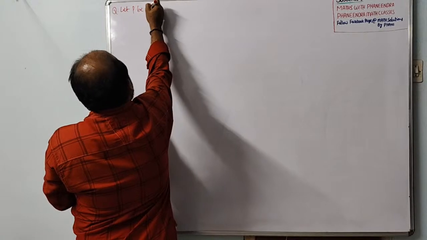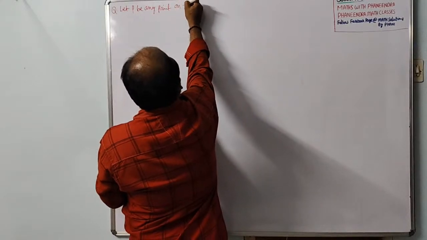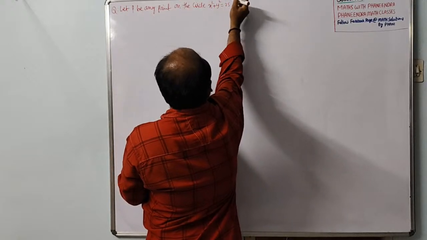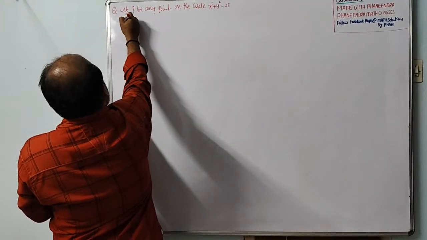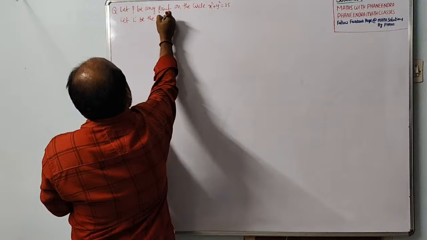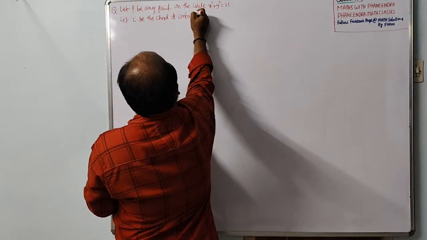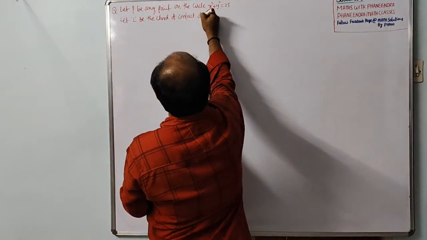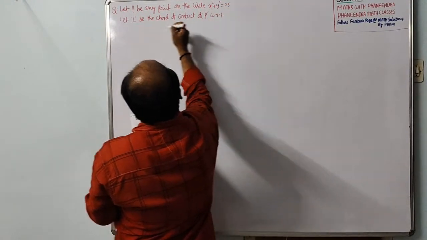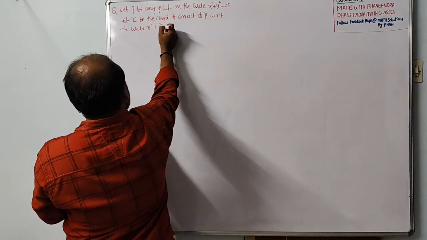Let P be any point on the circle x square plus y square equal to 25. Let L be the chord of contact of P with respect to the circle x square plus y square equal to 9.